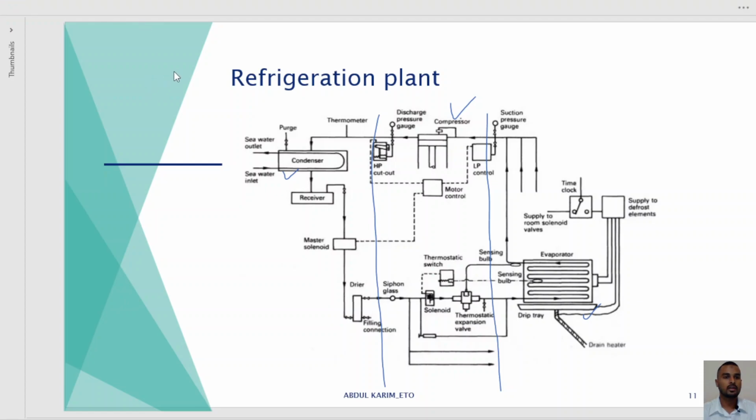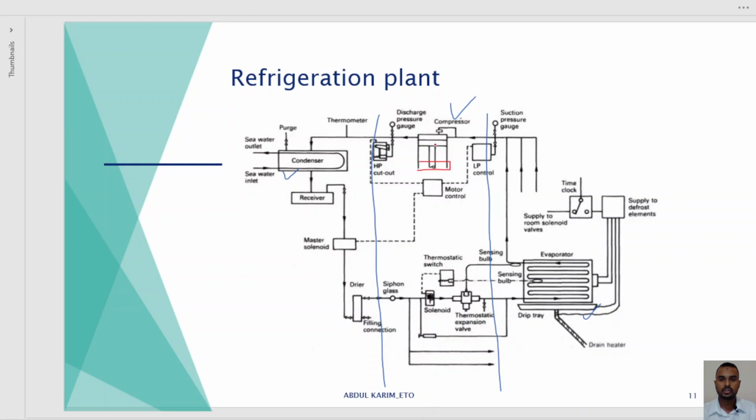Okay, then suppose the compressor gets suction of low pressure, low temperature refrigerant. When the low pressure, low temperature refrigerant comes from the evaporator, the compressor compresses its volume.